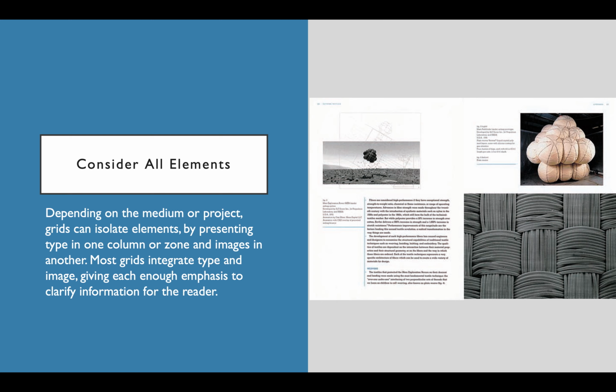Is it just straight text, like a novel, where there's maybe some imagery on a couple of pages, but overall it's just body text throughout? So make sure that the grid that you set up at the beginning can actually incorporate everything that you need to work with.